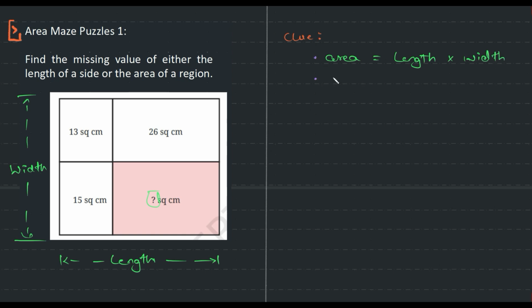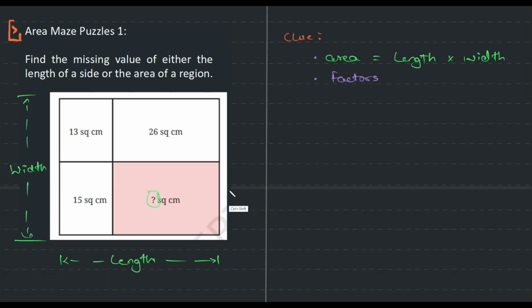Now, your main clue would be factors. So pause and think over. For example, factors of 13 are 1 and 13. Factors of 26 are 1, 2, 13 and 26.